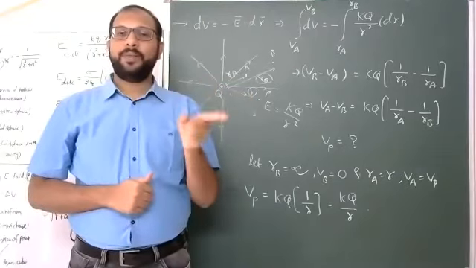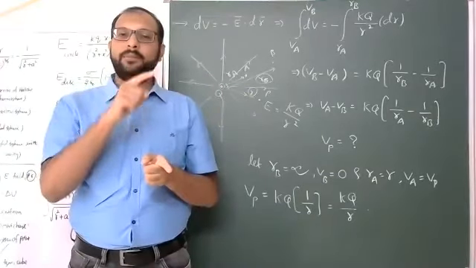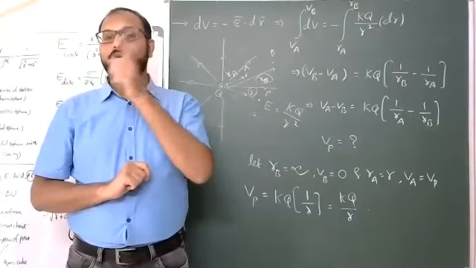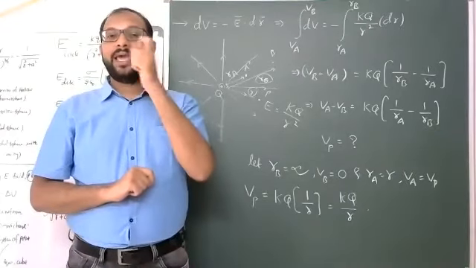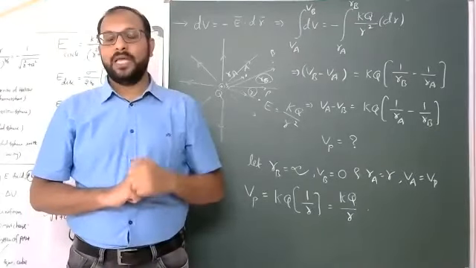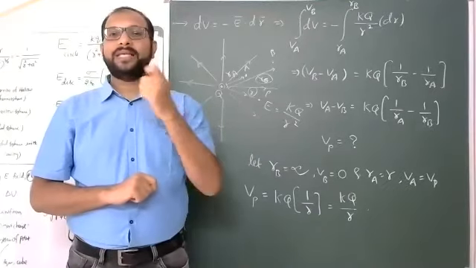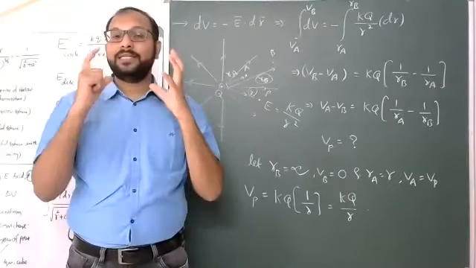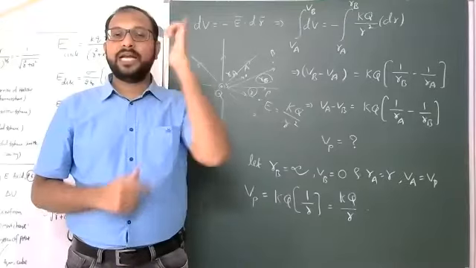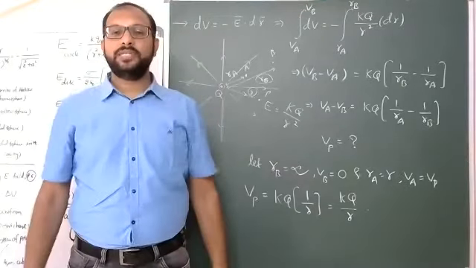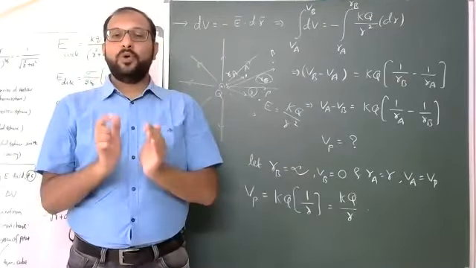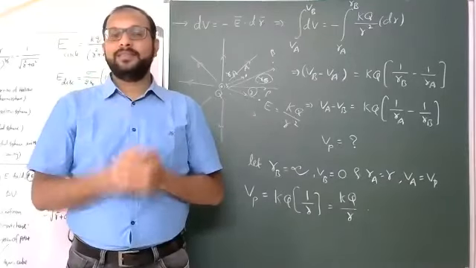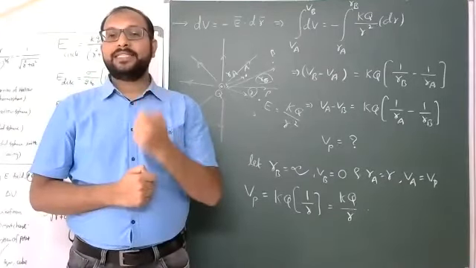Suppose Q1 is positive, KQ1 by R1. But suppose Q2 is negative, minus KQ2 by R2. Suppose Q3 is positive, plus KQ3 by R3. Like that, charge nature also you should consider. So that is the determination of electric potential if more than one charged particle is there.